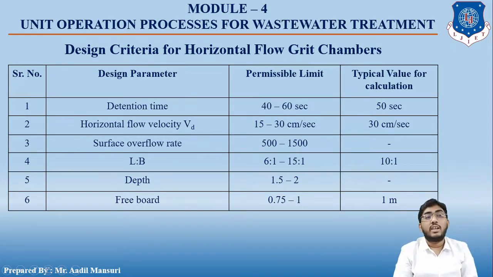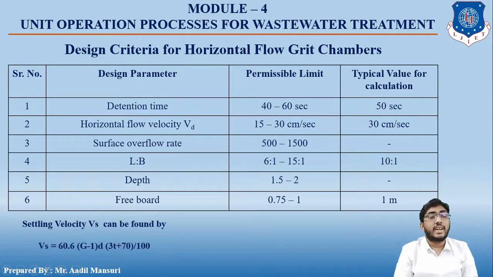Next is length to width ratio, that is in between 6:1 to 15:1, and ideal value is 10:1. Next, depth can be in between 1.5 to 2 meters, and freeboard you can assume as 0.75 to 1 meters. You can go for 1 meter as the typical value.